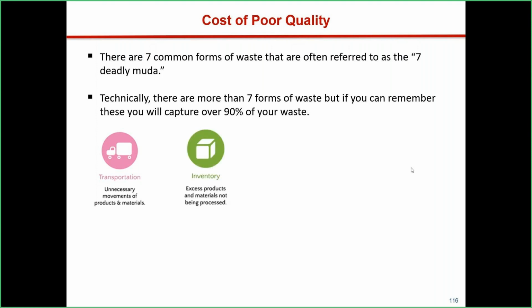Inventory: excess products and materials not being processed. Any raw material that I purchase. I remember very clearly when I was in Nigeria, we had one sister company. Indomie, a favorite brand of noodles that everyone consumes back in Nigeria, one of my favorites.